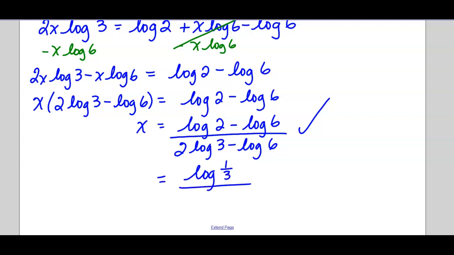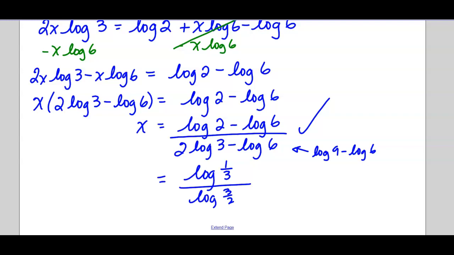This would be log of 9, so that would be log 9 minus log 6. 9 over 6 is 3 over 2. Sometimes we don't like having fractions in the argument, so that's why we keep it as the original.